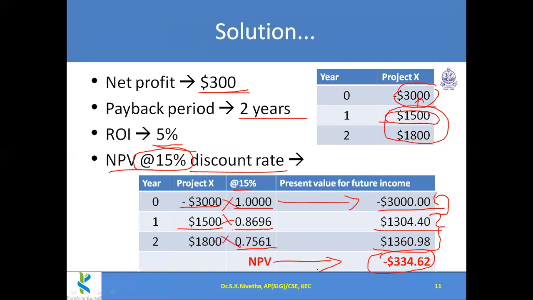So it is not worthy, though it is giving net profit, a good payback period, and some return on investment. When I calculate NPV, it is negative. Negative value means it is not worthy to spend $3,000 now and get back this much amount. Not worthy. So the decision for this project is we should not take it up. This is not at all profitable.